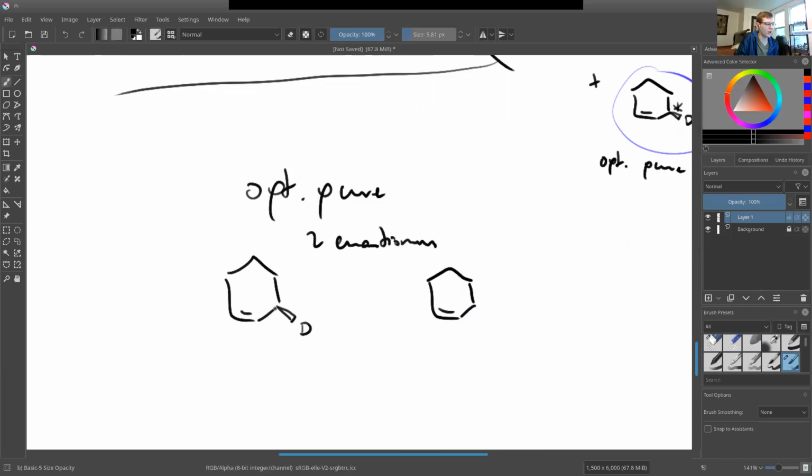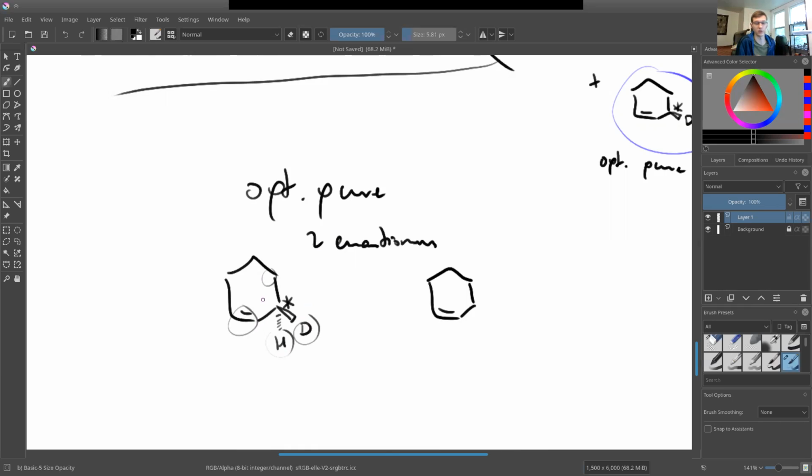So there's this one, and I said that this one's a chiral center, right? The way you could see that is because there are 4 different things on it. Here's 1, here's 2, this is 3, and this is 4, and they're different because the 2 sides of the ring look different.